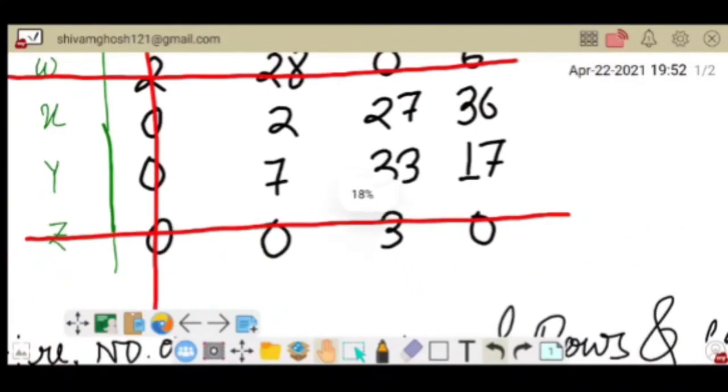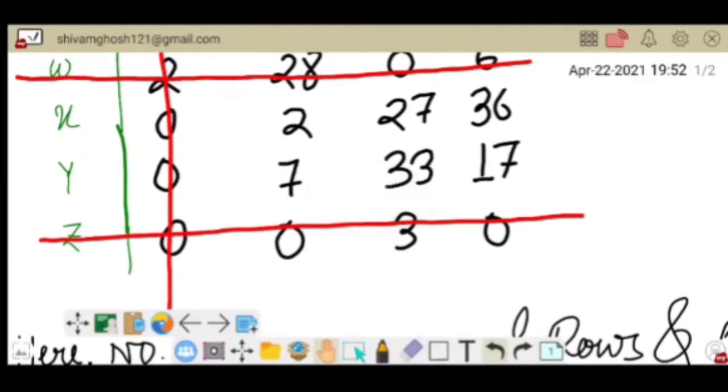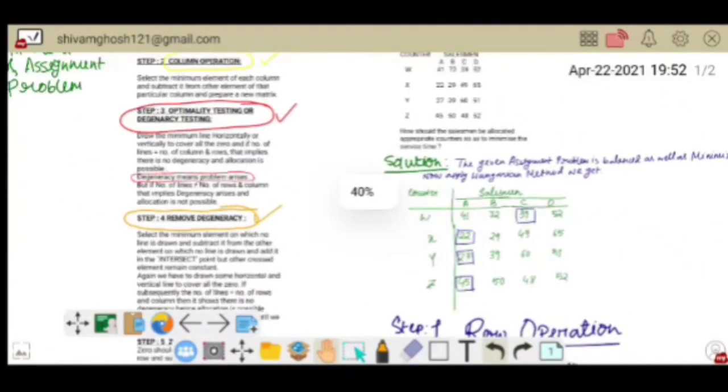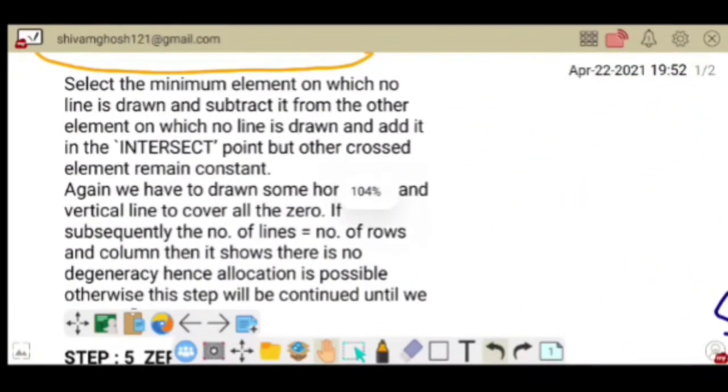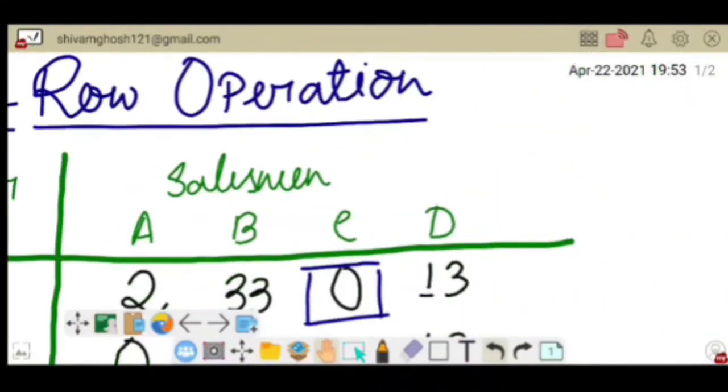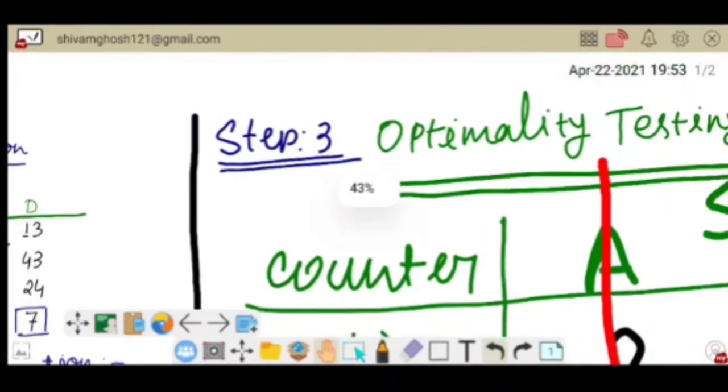So here are the remaining elements on which no line has been drawn. It says again, element on which no line is drawn, and add it at the intersect point, but other crossed elements remain constant. So we have to select the minimum element. What will be the minimum element in our step 3 on which no line has been drawn?